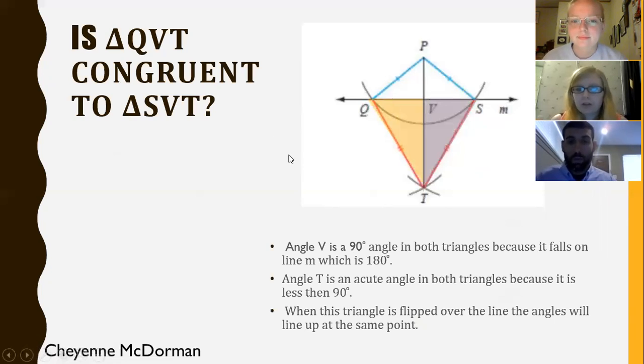When you're looking at angle T, it is an acute angle on both triangles because it is less than 90 degrees. When this triangle is flipped over the line, the angles will line up at the same point. So Q will be S, P will still be P, and T will still be T, represented in both triangles. Thank you. You're welcome.